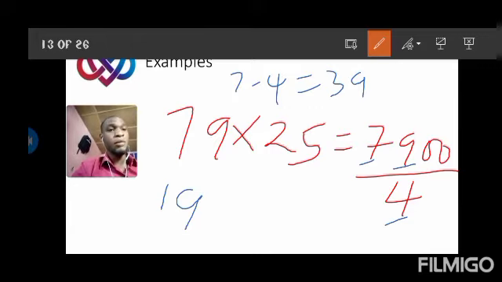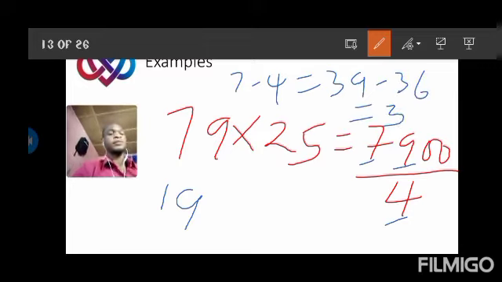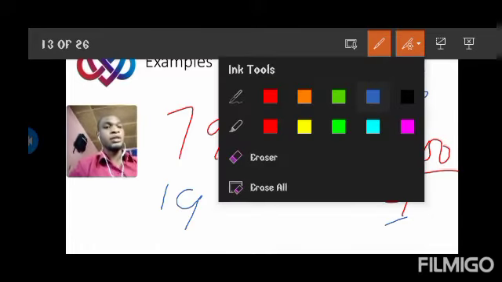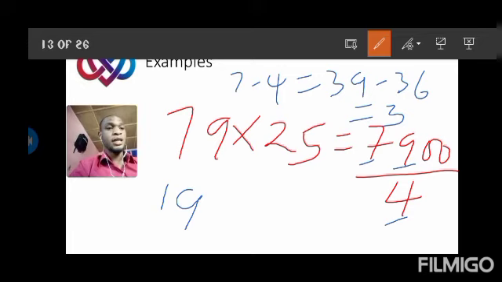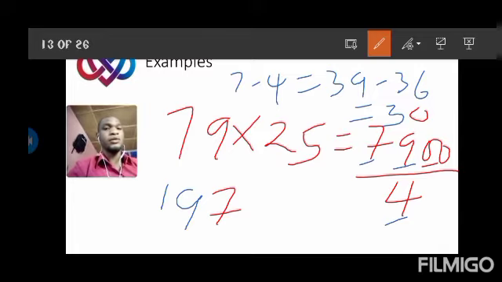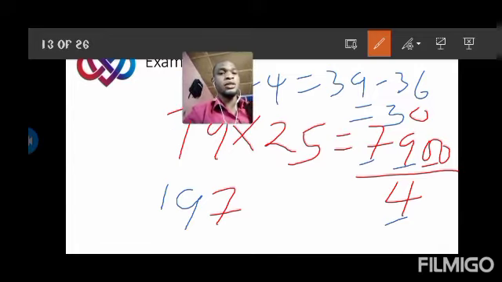So it will be 10 minus 8, that will give me 2. Then I'll bring down the 7 to make it 27. So how many times can 4 go in 27? That's why you need to know our 4 times table. 4 times 6 is 24. 27 minus 24 is 3. Then I'll move the 9 to the back of this, so 39. 4 times 9 is 36. 39 minus 36 is 3. Then I'll move the 0 to the back, 30. 4 times 7 is 28. 30 minus 28 is 2.